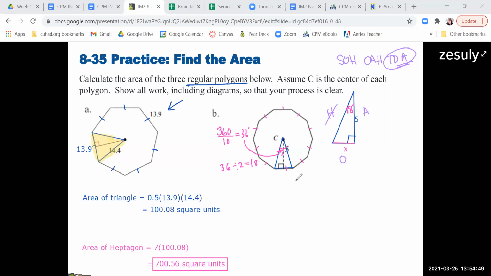So I'm going to write myself an equation. The tangent of 18 degrees is equal to the opposite, which is X, over the adjacent, which is 5.